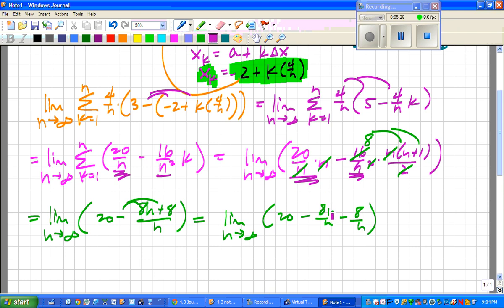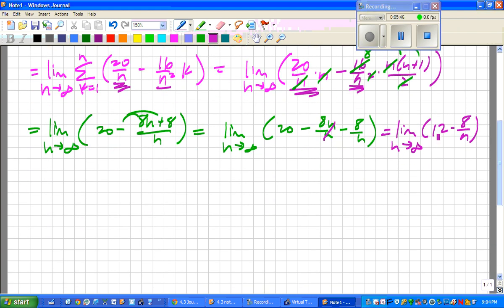So here, n's cancel out. We have the limit as n approaches infinity of 20 minus 8, so that's 12 minus 8 over n.